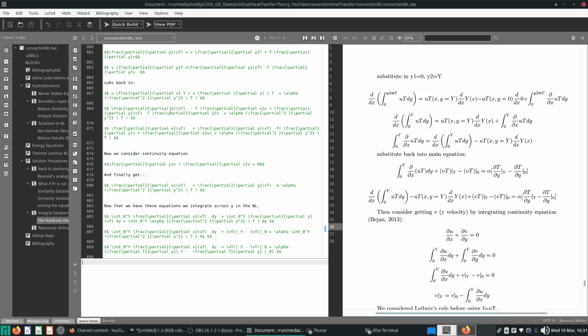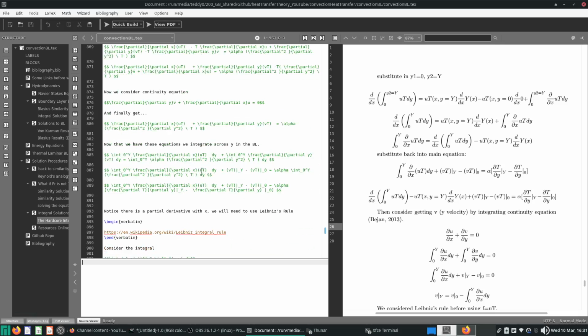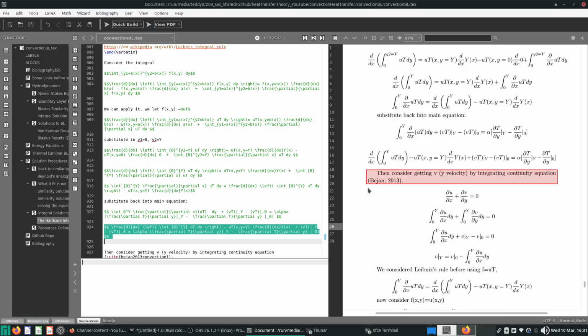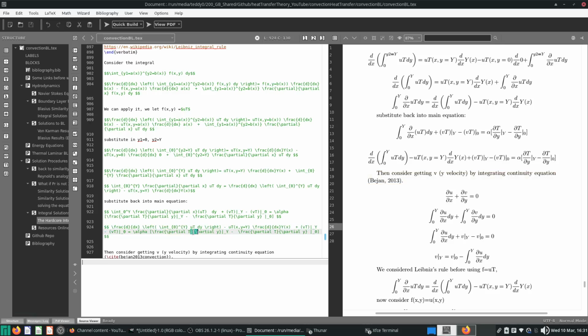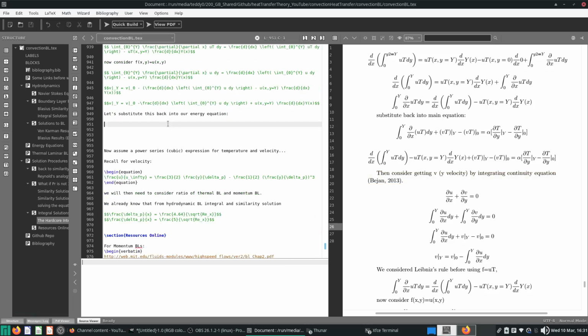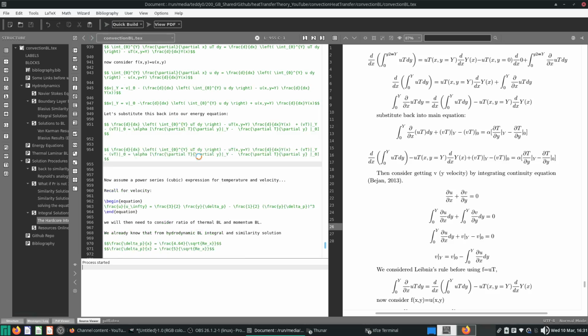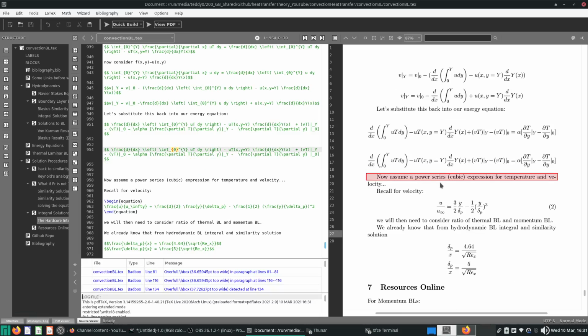Where did I substitute it into? Okay, here. Yeah, this is the one I want. I'll just paste it twice so that I have a template of something to change. Now you can just edit this equation bit by bit.